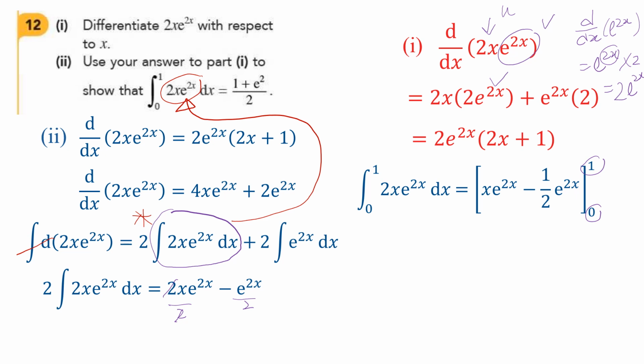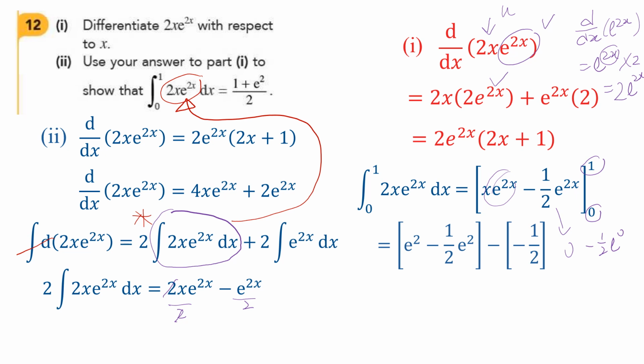So now I have to substitute x to be 1 and then x to be 0. Okay, so we substitute x to be 1, then of course this will end up e to the power of 2 minus half e to the power of 2. And if you substitute x to be 0, this will be gone, 0, right? This will be 0 minus half e to the power of 0. So that will give you negative half, because e to the power of 0 is 1.